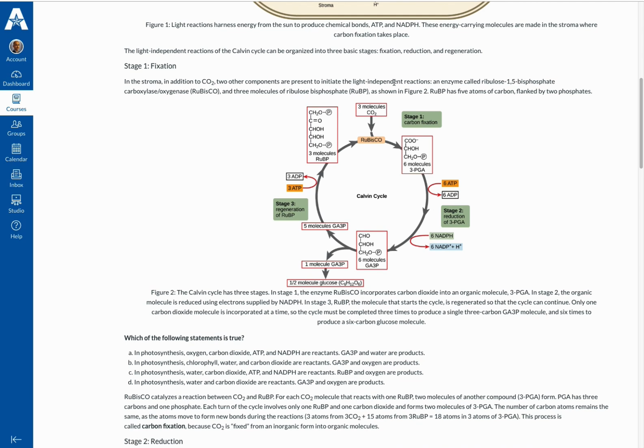An important ratio you should probably know is that for 1 molecule of CO2, we are generating 2 glyceraldehyde 3-phosphates. And it requires 6 turns of this cycle to actually make 1 molecule of glucose.